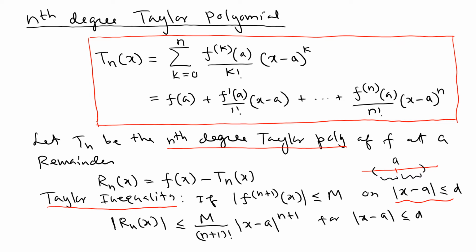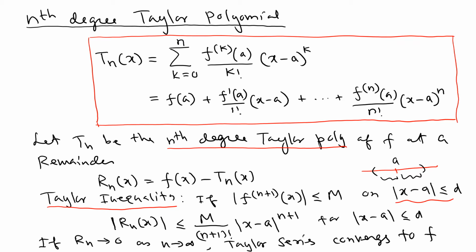And also, this is the most important part: if this error term goes to 0 as n goes to infinity, then the Taylor series converges to f.